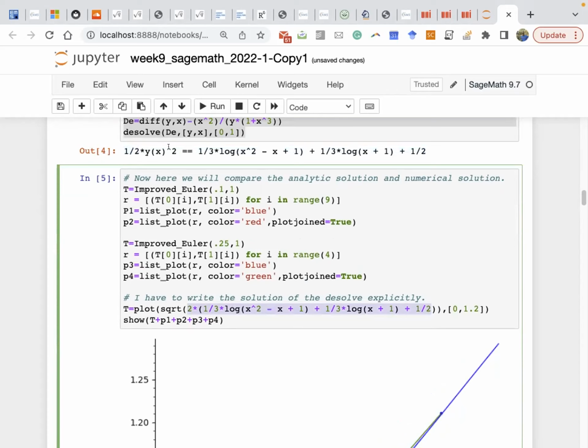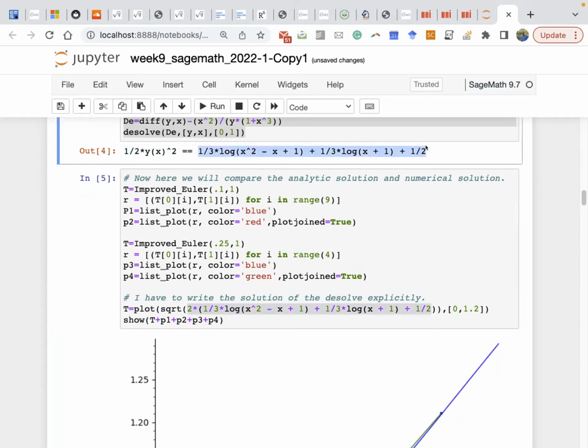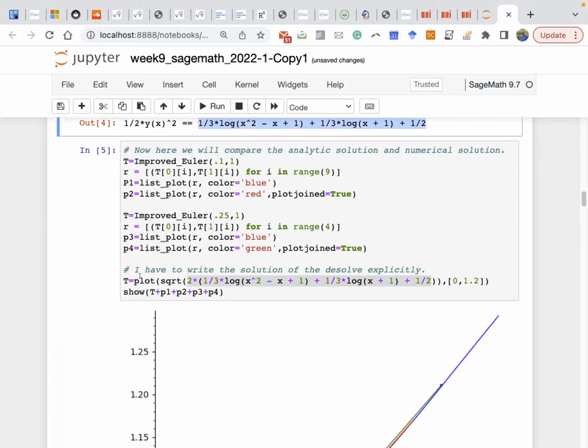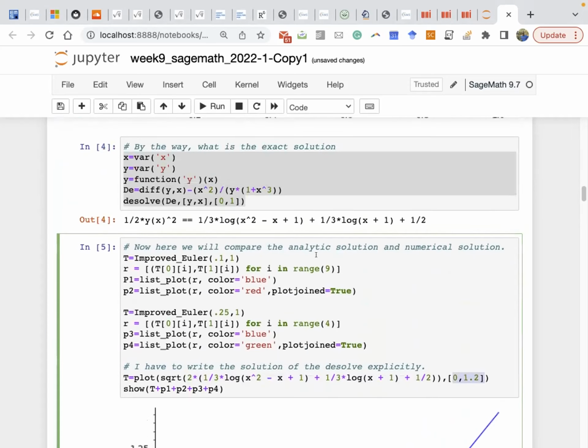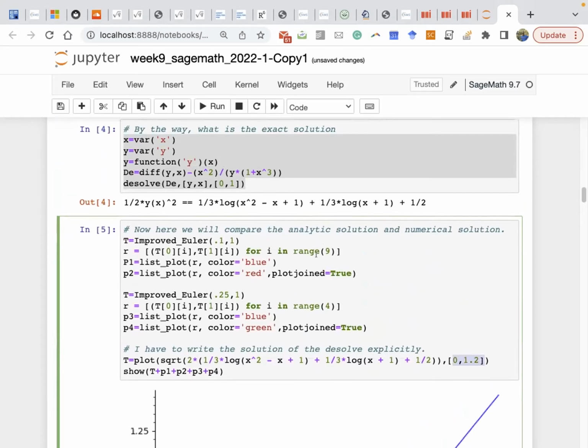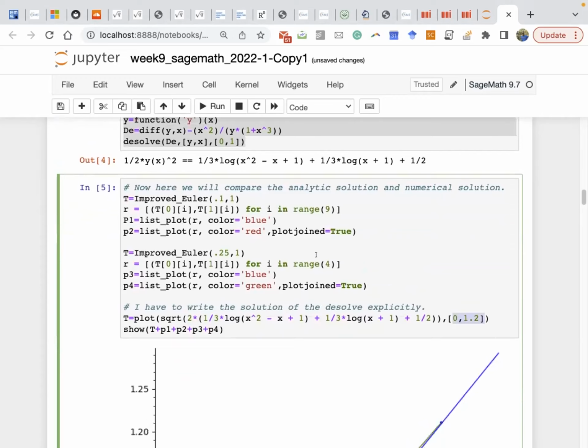I will make it square root. So this guy will be square root of everything after multiplication by 2. So I will plot the analytic solution on the interval between 0 and 1.2. It was possible to plot it between 0 and 1, but I want to see more, so I did zoom out.